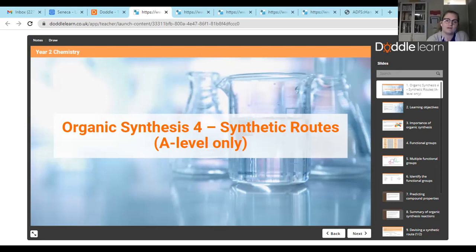Or we can use E and Z, Zusammen and Entgegen, which are German words. Z is where our higher priority groups or atoms are on the same side. Entgegen, E, our high priority groups are on opposite sides.